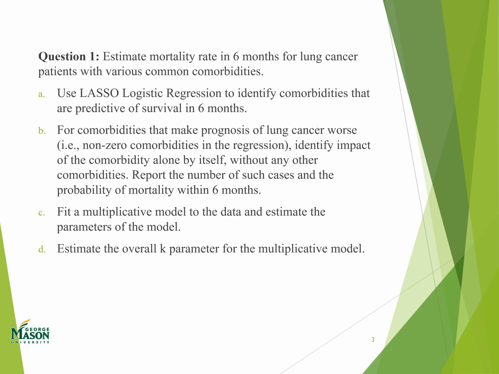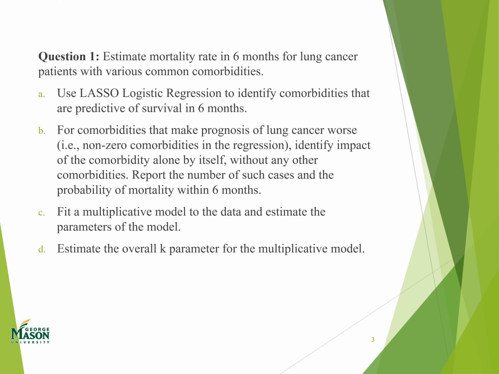The question in this session is to estimate the mortality rate in 6 months for lung cancer patients with various common comorbidities. The instruction we follow is to use lasso logistic regression to identify comorbidities that are predictive of survival in 6 months. For comorbidities that make the prognosis of lung cancer worse, that is non-zero comorbidities in the regression, identify the impact of the comorbidity alone by itself without any other comorbidities.